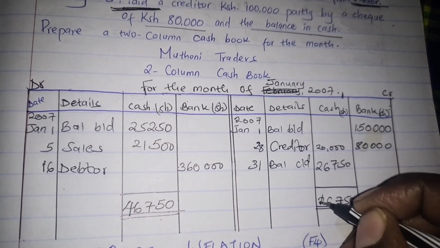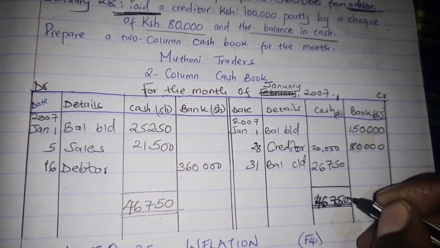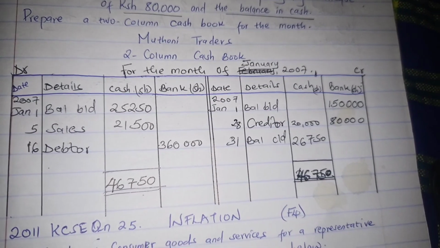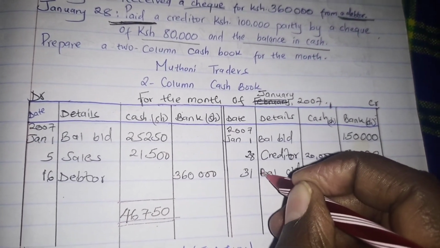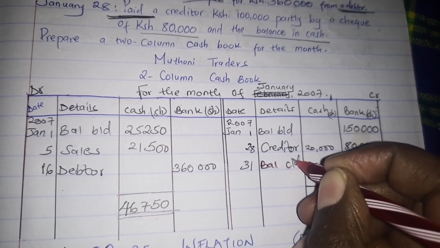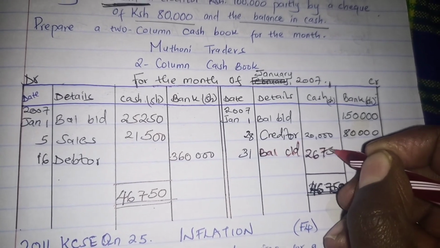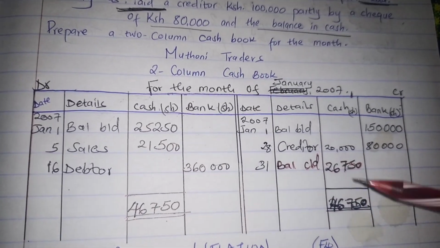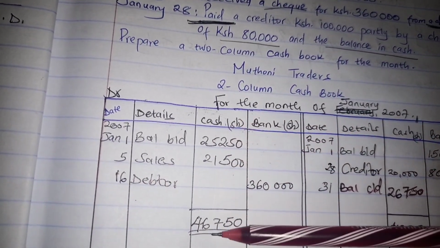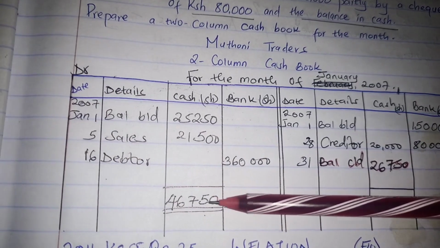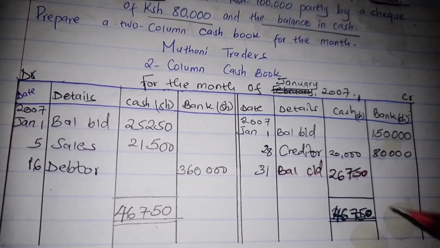So after totaling, we have 46,750 on both sides. Our balancing figure is 26,750. How did we arrive at this figure? You get the total on the debit side for the cash column, that is 46,750, minus this 20,000 to get that figure.